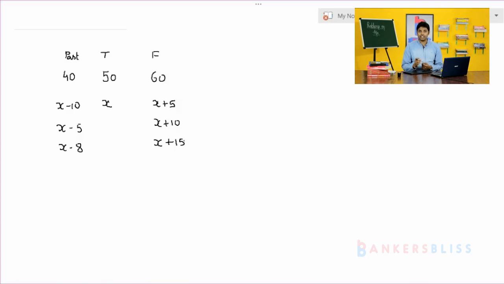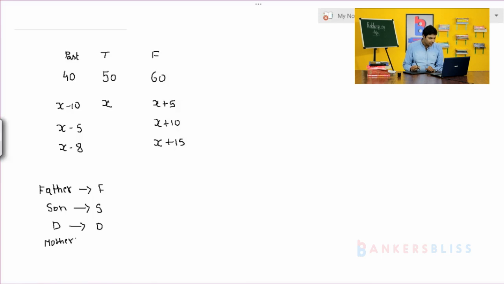If they give father, consider the age of the father as f, son as s, daughter as d, mother as m. So it is very easy to identify the answer.